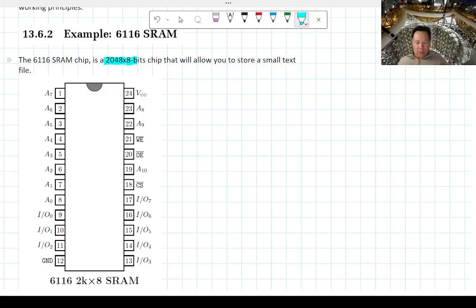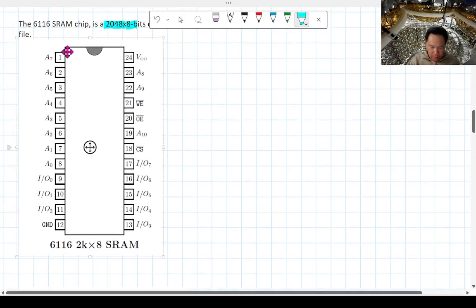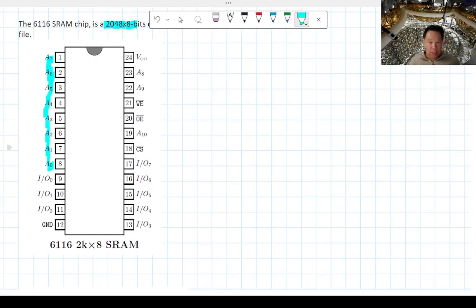So 2 kilobytes is still pretty small. It's like a small text file. And this has an 8-bit selector. So 2 to the 8 gives you 2048 different memory addresses to select from.